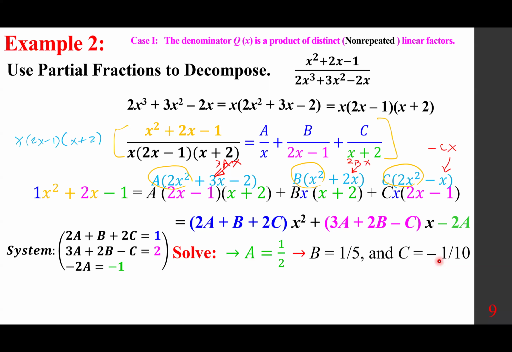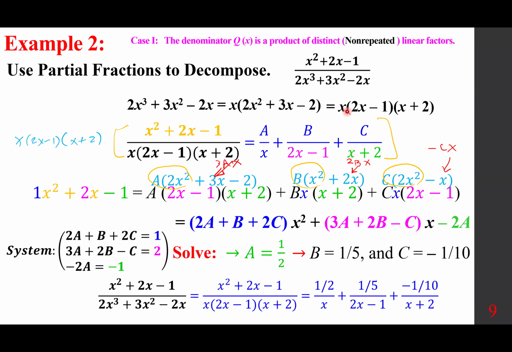Okay. I'll discuss the easier process here, and then I'll show you with the next example. So what we do is that we go back to this, replace the a with 1/2, b with 1/5, c with negative 1/10, and we are done.